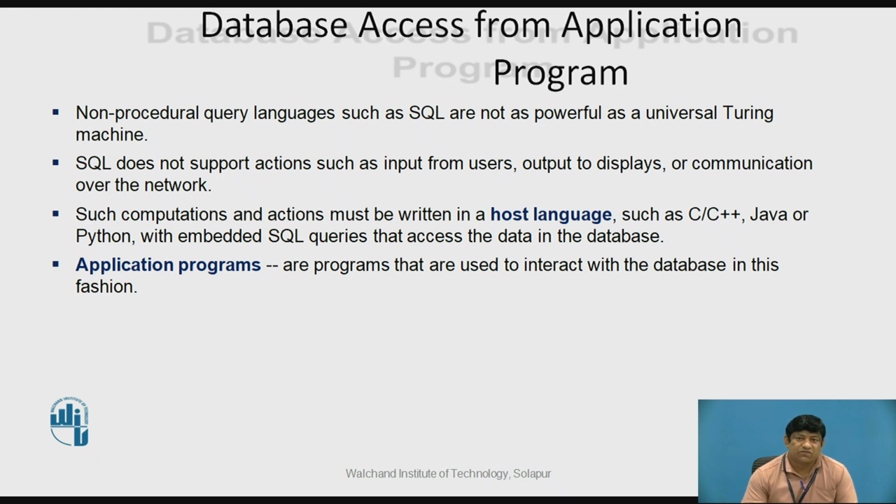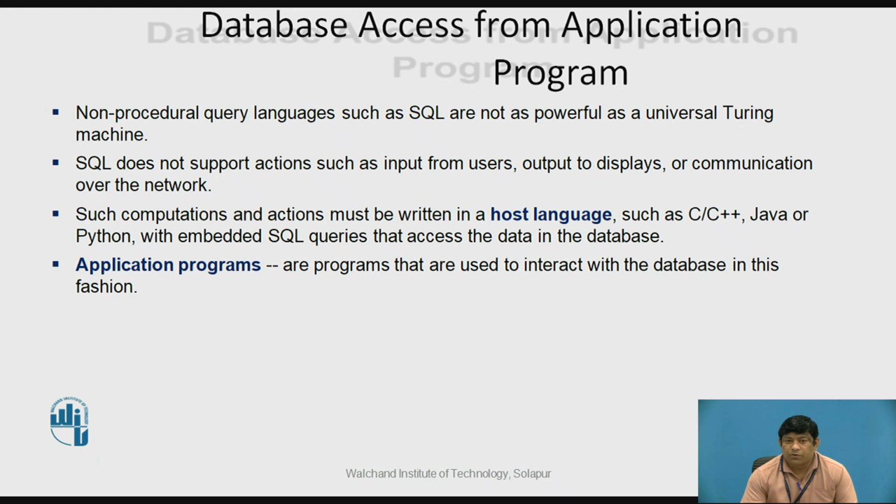SQL does not support actions such as input from the user, output to display, or communication over the network. Such computations and actions must be written in a host language such as C, C++, Java, or Python with embedded SQL queries that access the data in the database.